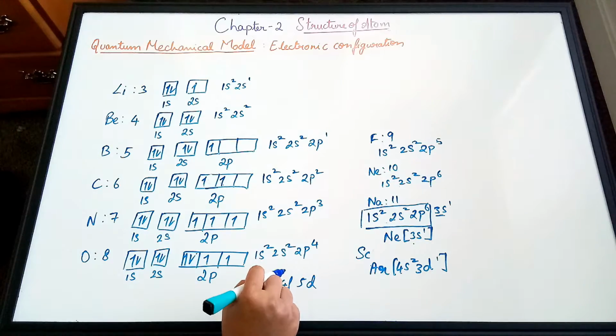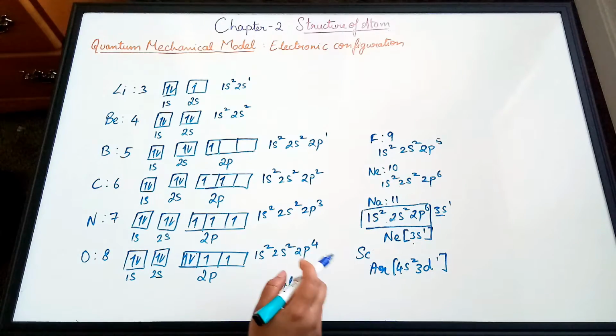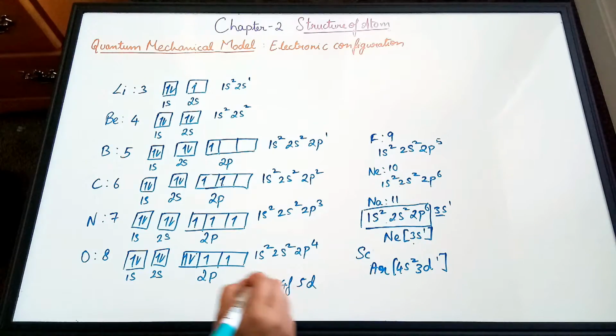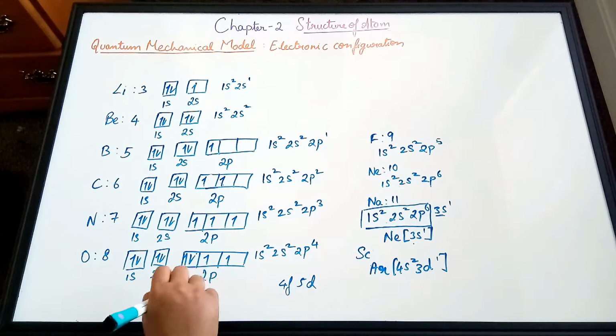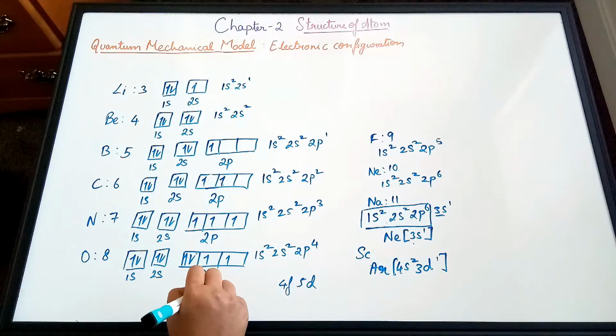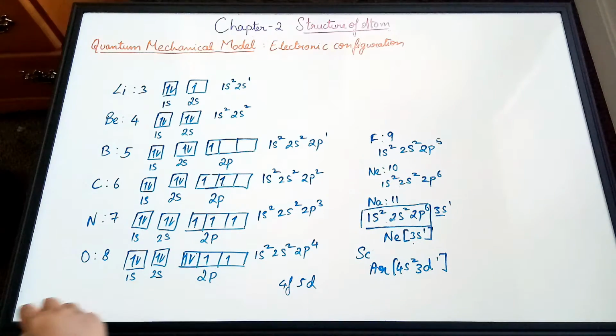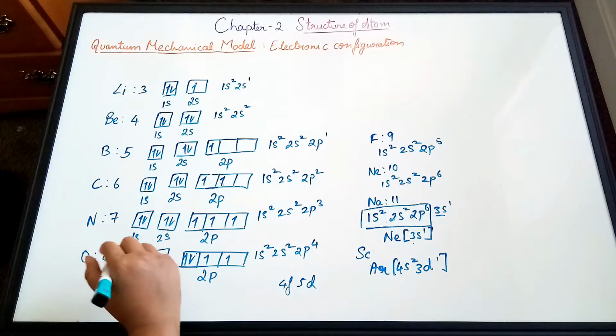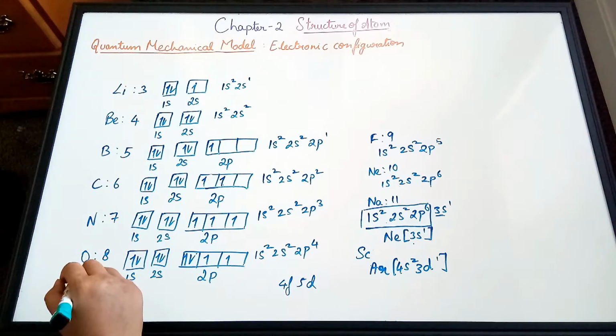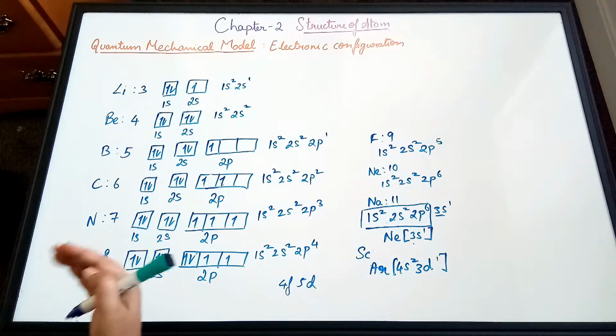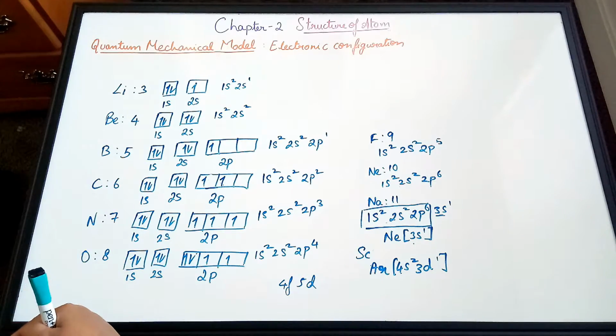Then we'll be filling in the 6p, and after that we'll be filling in the 7s, 5f and 6d. Now after uranium, all these elements are very short-lived, so they are synthesized in the lab, and they are not very stable.